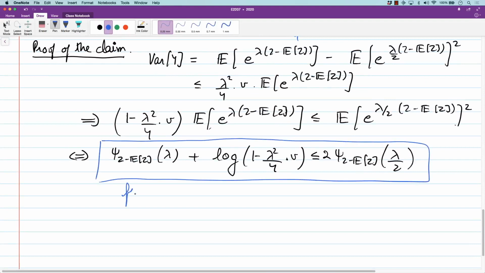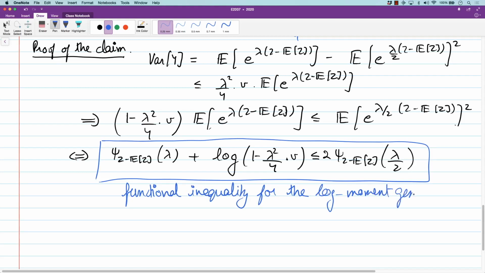So this is a functional inequality for the log moment generating function.